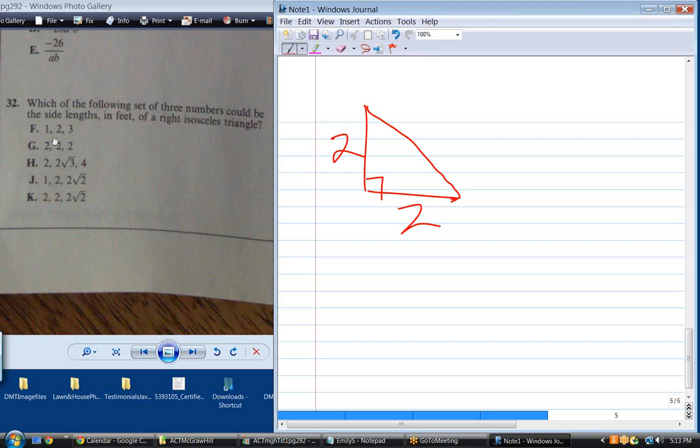So that rules out F and G and H and J. K is the only triangle there that has precisely 2 sides being equal. And if you use the Pythagorean theorem to solve for the hypotenuse on this triangle here, you get that.